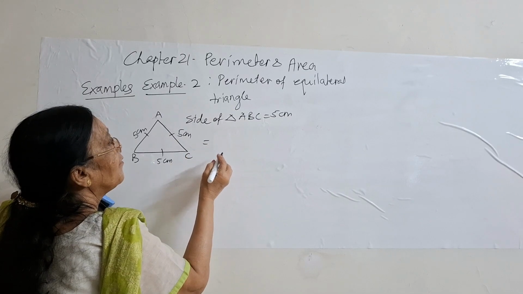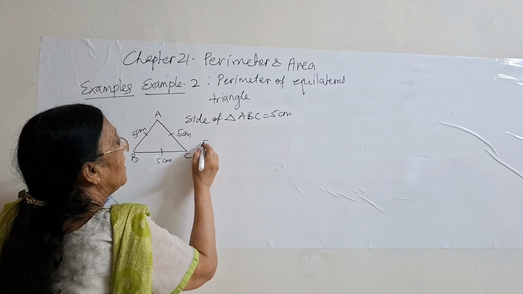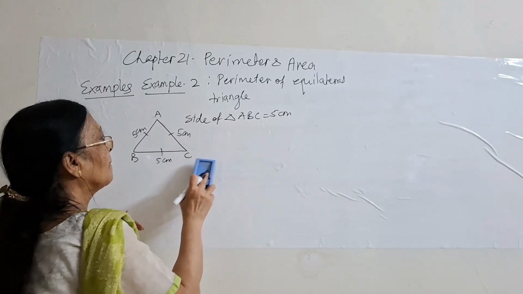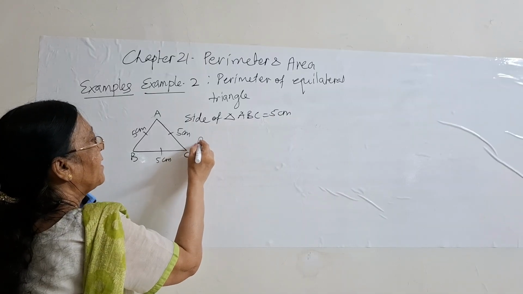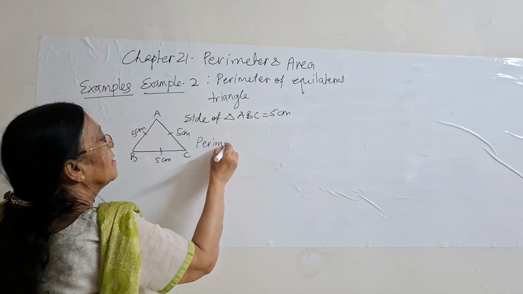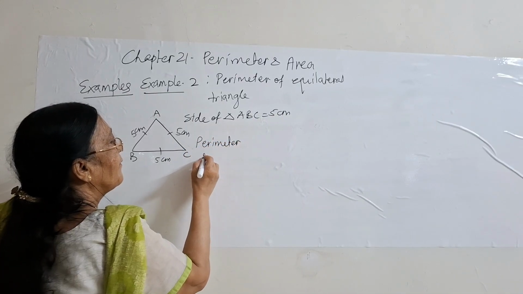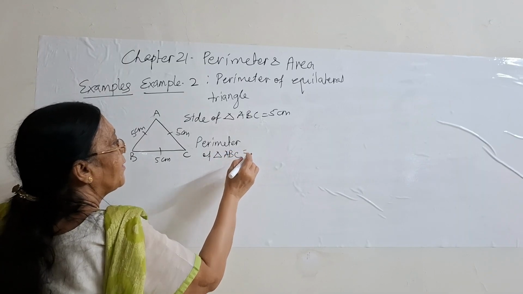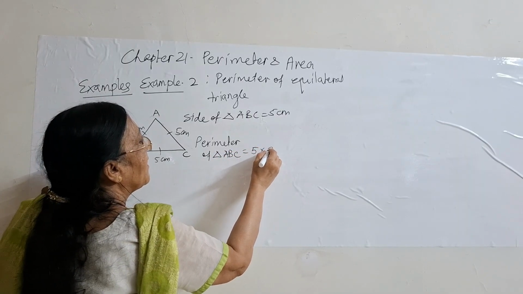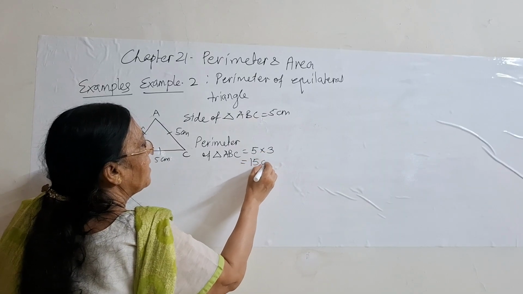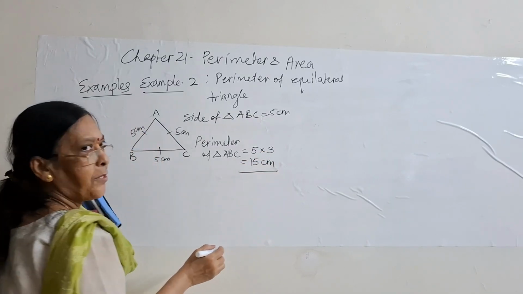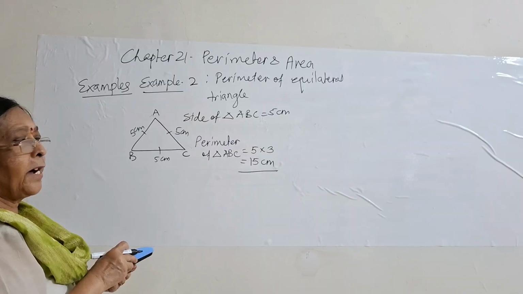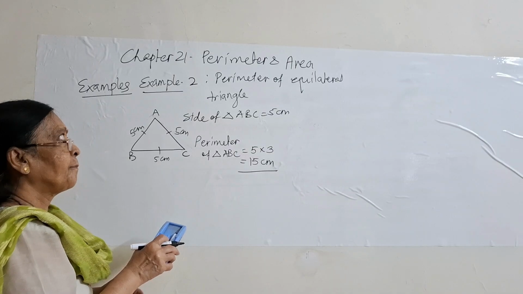And therefore, when you want to find its perimeter, the perimeter of triangle ABC equals 5 multiplied by 3, which is equal to 15 centimeters. So this is the answer of the second example.